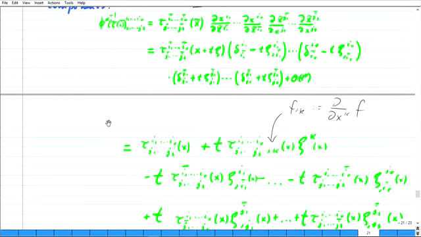Let's see, before we can simplify things, let us first spell out what that thing is. These are coefficient functions, and we have to evaluate them not at x, but at x plus t psi. Let's Taylor expand that.